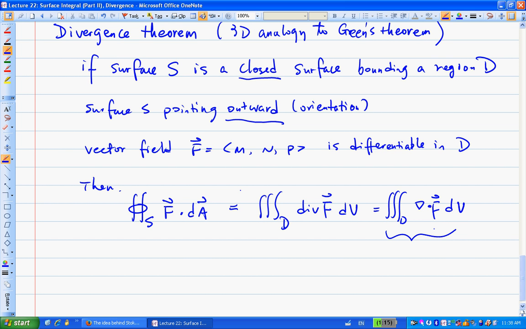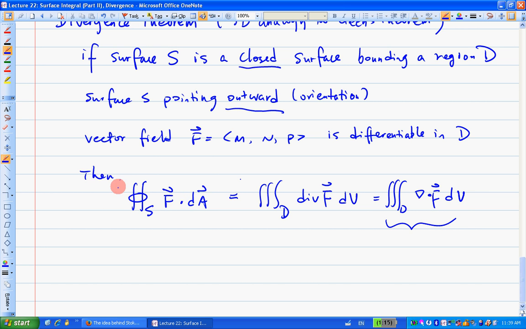If V is a spherical region, you use spherical coordinates. If V is a cylindrical region, you use cylindrical coordinates. If V is something else, you use something else. Based on this divergence theorem, maybe I don't need to calculate the surface integral; I can calculate the triple integral to get the same result as the surface integral. Is that clear? It's not bad, right?